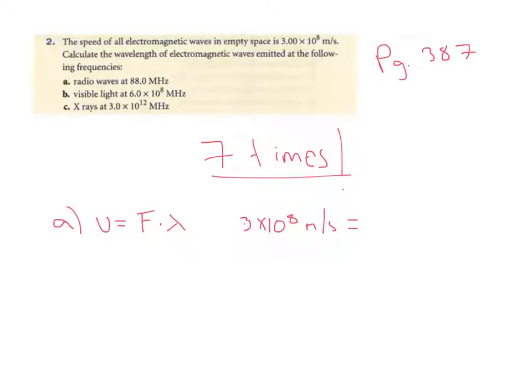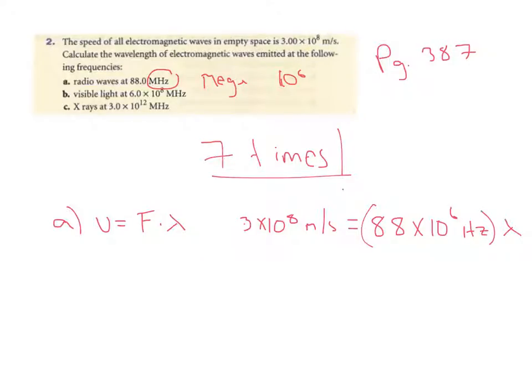You have to remember, and you have to go back to our Unit 1 videos when we did conversions, but this is mega, capital M, and it means 10 to the 6th, or a million of something, right? So that's why mega millions, you know, a mega is a million. It's 10 to the 6th. So a megahertz is 88 times 10 to the 6th hertz, and that's times lambda.